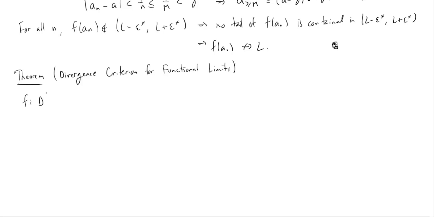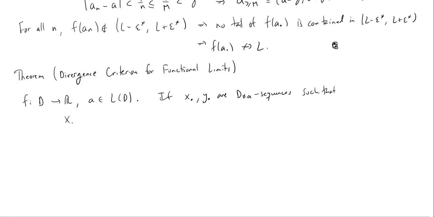So I start with some function with domain D, and I have some limit point a. We're going to assume that x dot and y dot are D not equal to a sequences such that they converge to the same point. So x dot and y dot both converge to this limit point a.